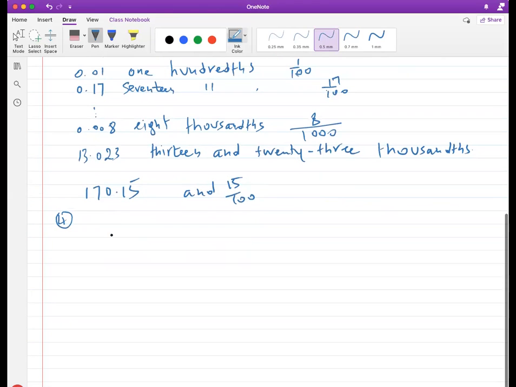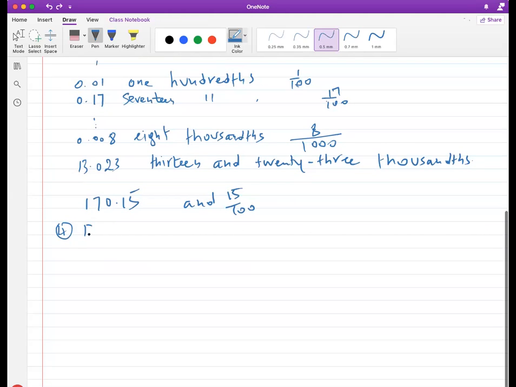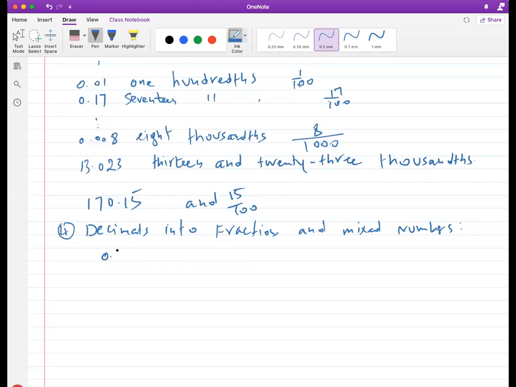So let's say this decimal here. Okay, first, we want to turn it into a fraction. So it helps, again, when you read it in its formal way.